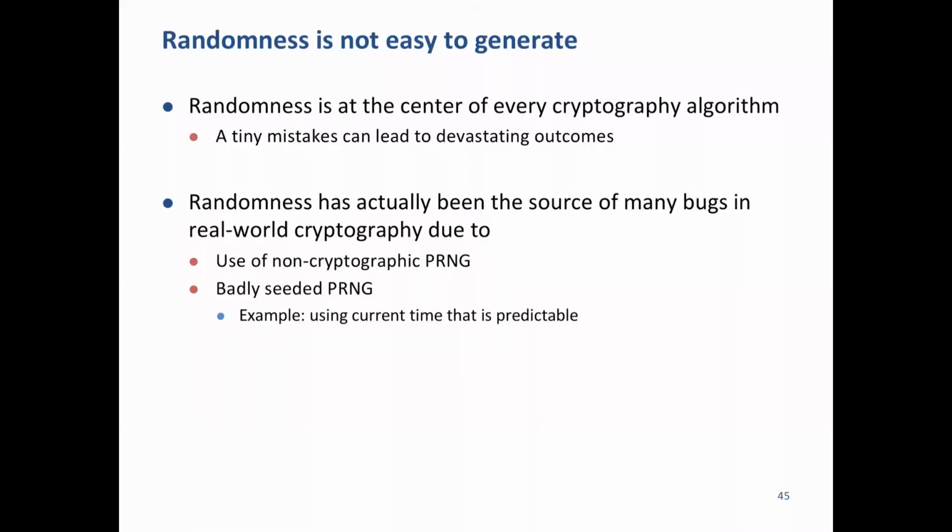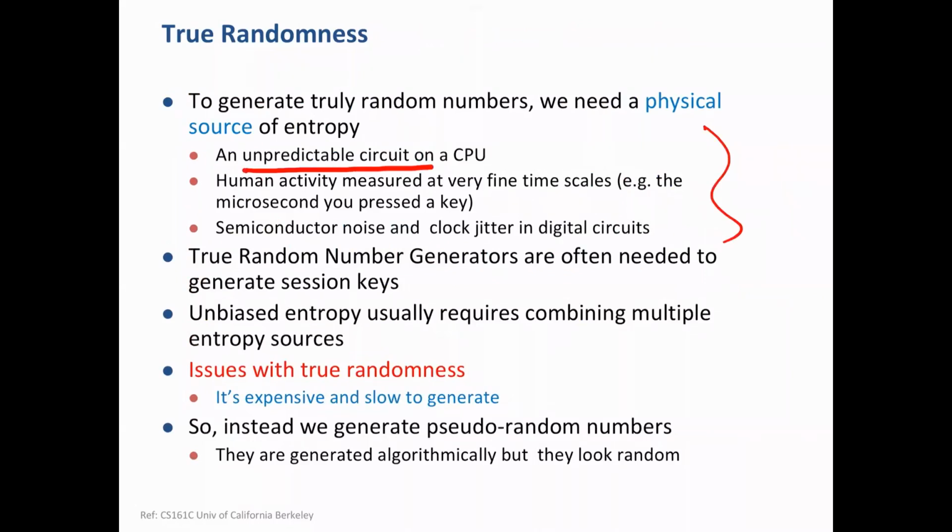So we take some sources like an unpredictable circuit in the CPU, such as how much heat the circuit is generating, or human activity measured on very fine time scales, in microseconds, such as the movement of my hand, fingers, or flipping of eyebrows. Or semiconductor noise and clock jitters in digital circuits.